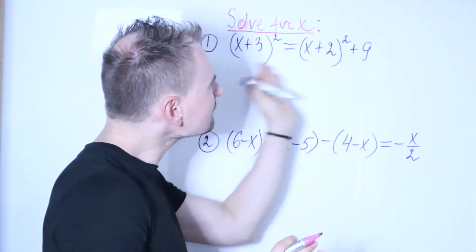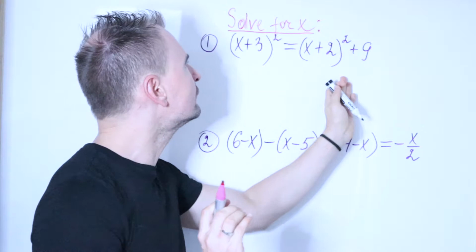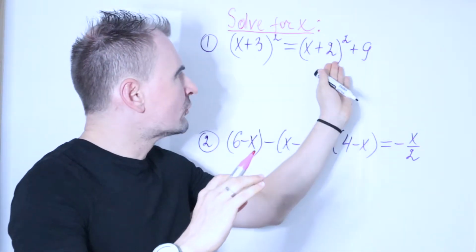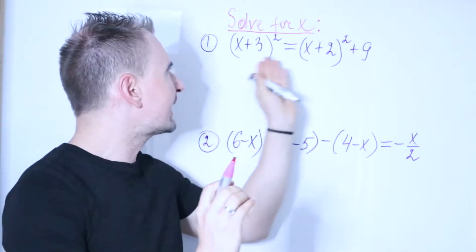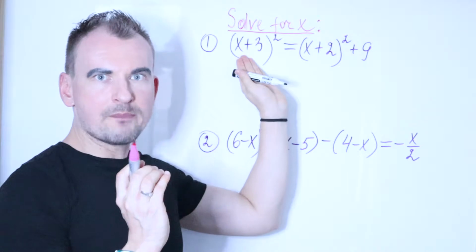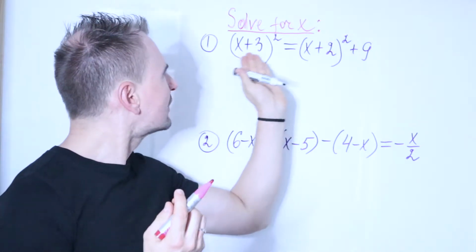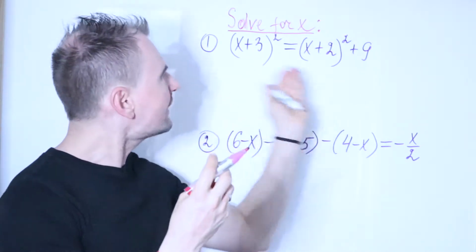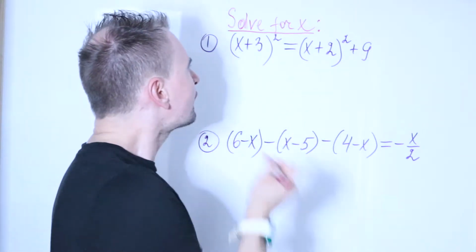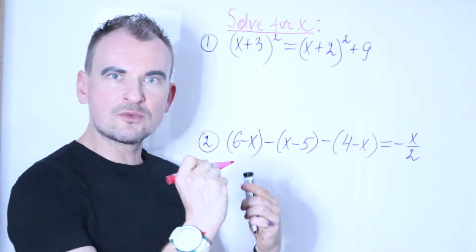Now, the way you would do it, first of all, you want to square these terms. So you want to remove these parentheses and you want to raise this binomial. This is basically a binomial because you have two terms added together on the left side and on the right side. So the first thing to do is to remove these parentheses.